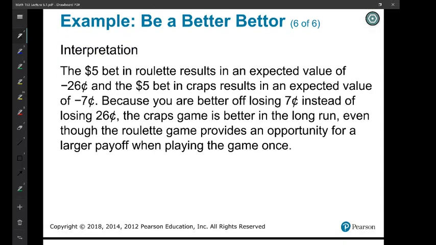So that's our interpretation here. The $5 roulette bet has an expected value of negative 26 cents, and the $5 craps bet has an expected value of negative 7 cents.